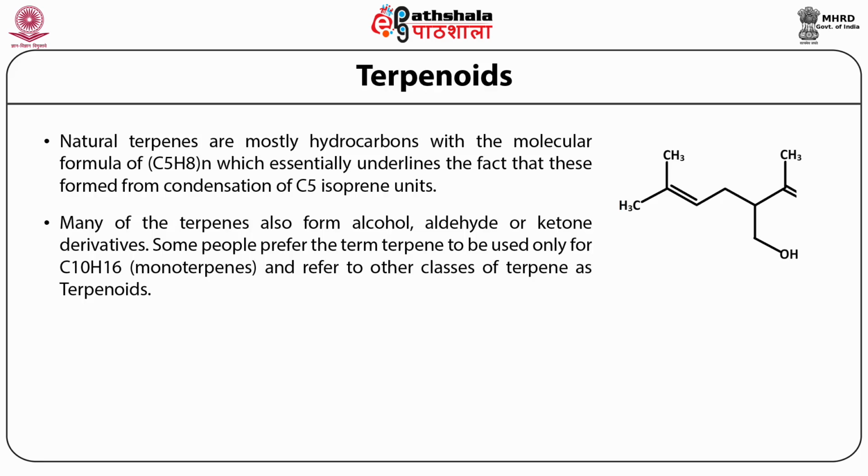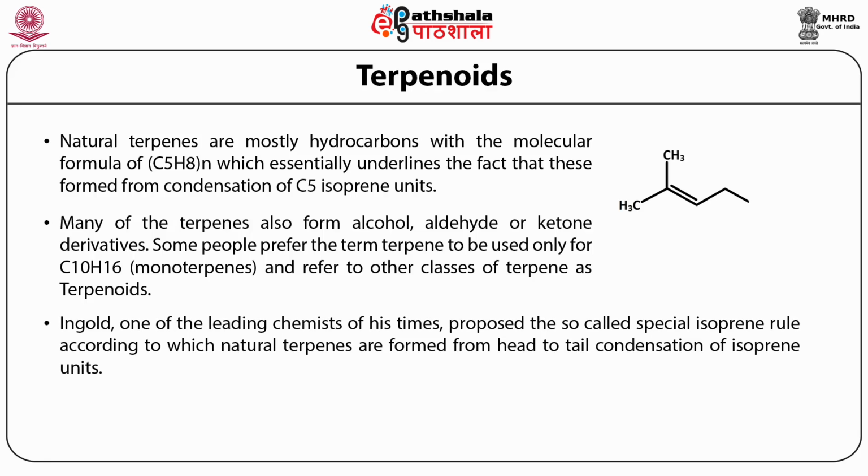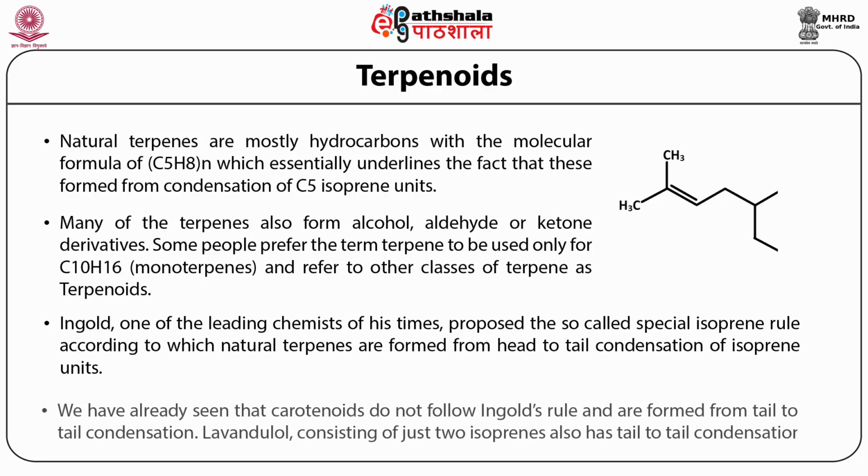This observation was called the isoprene rule and was made first by Wallach in 1887. Ingold, one of the leading chemists of his times, proposed the so-called special isoprene rule, according to which natural terpenes are formed from head-to-tail condensation of isoprene units. We have already seen that carotenoids do not follow Ingold's rule and are formed from tail-to-tail condensation.